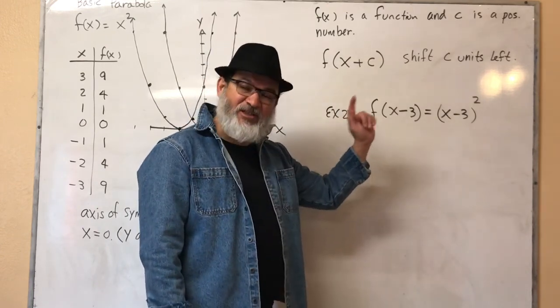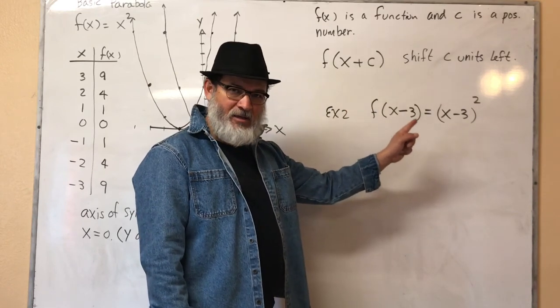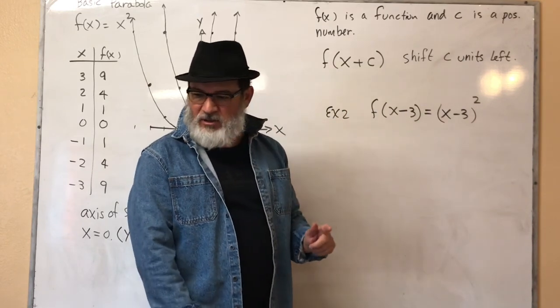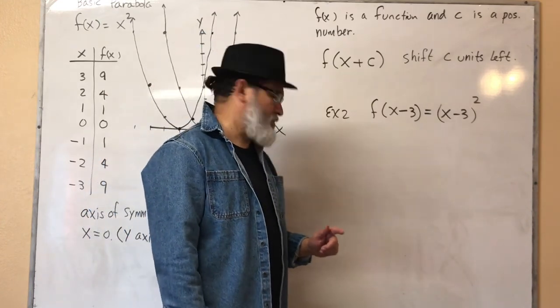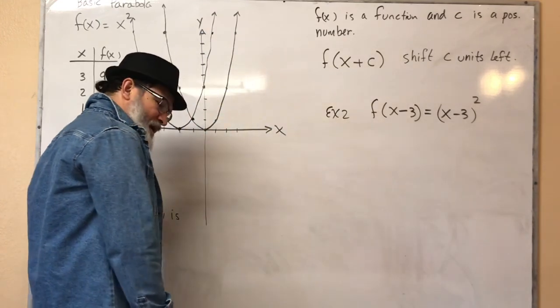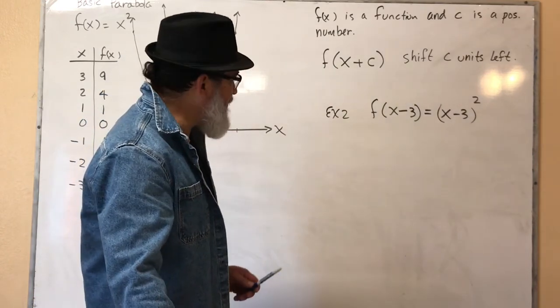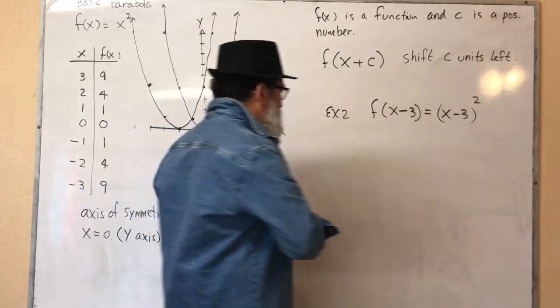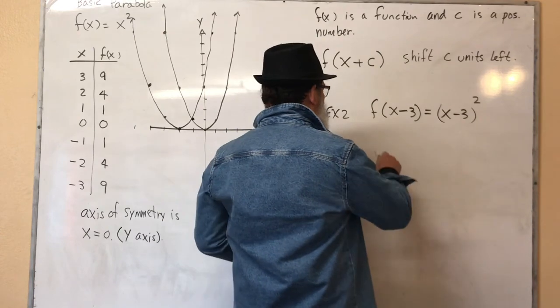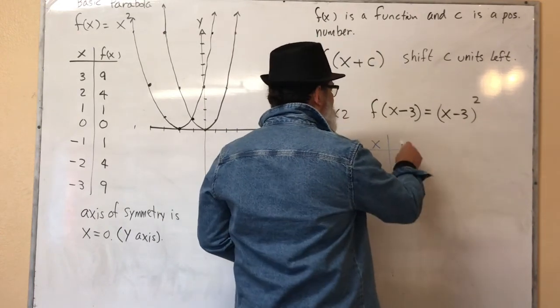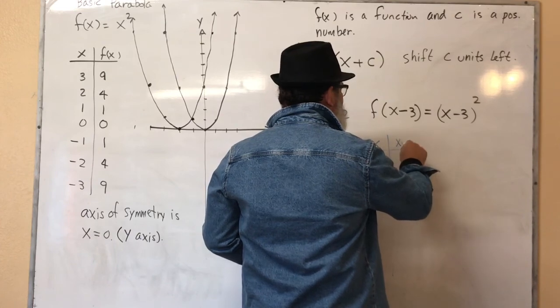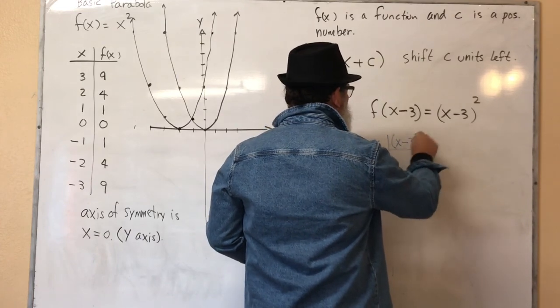I'm going to do a table for this one again, because I want to convince you. I don't know where my blue is. Oh, here's my blue, guys. I'm going to make a table. So here is x, and x minus 3 squared.